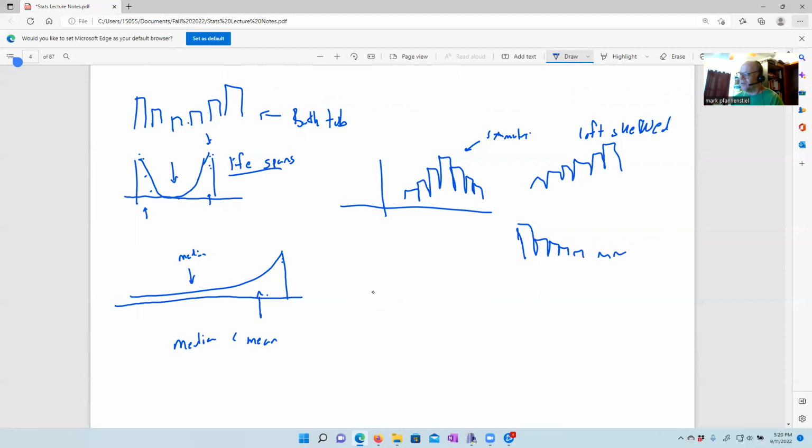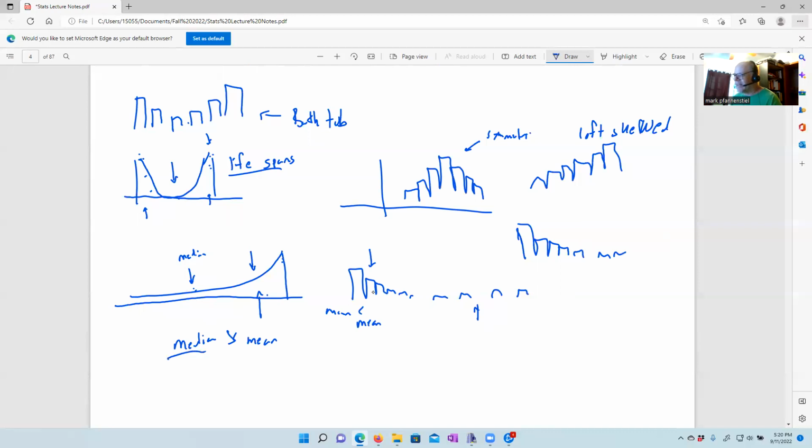If we have it the other way around, and I'm going to balance this on my finger, I might put it over here, but clearly the middle of the data is going to be sitting right here. So I want the median to be bigger than the mean this time. The halfway point is here, and you balance it somewhere else. So that's what you want to do for this.